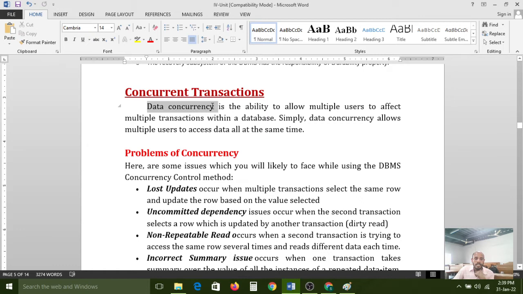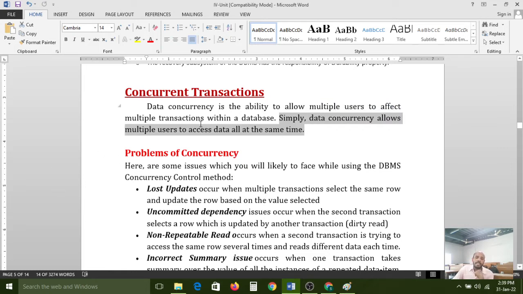So data concurrency is the ability to allow multiple users to affect multiple transactions within the same database. Simply, data concurrency allows multiple users to access the same data within the same time. More than one user accessing the same database, user 1, user 2, user 3, three users accessing the same database at a time.